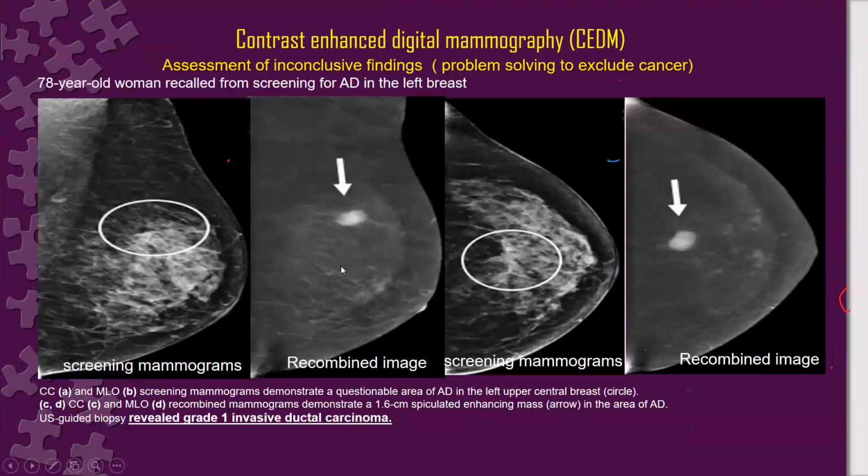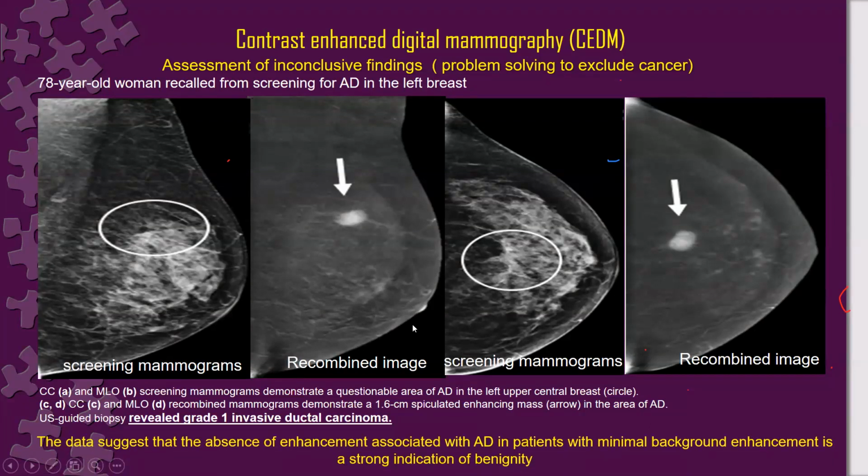In this case here, we have an area of very subtle architectural distortion. The breast is dense. Doing contrast demonstrates what? An indistinct, intensely enhancing mass with irregular or spiculated margin, proven to be grade 1 invasive carcinoma.